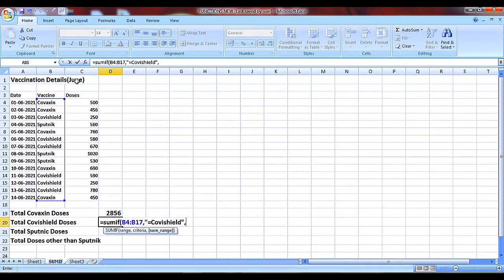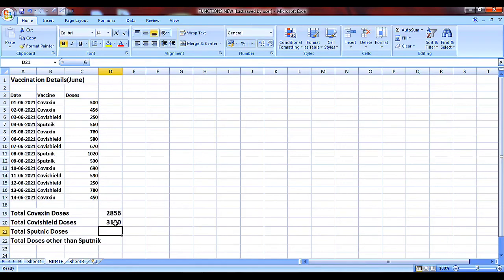Then sum_range, this is the sum_range. So in this case the condition is checked in this column, that is the second column, the vaccine column. If the type of vaccine is Covishield, then the corresponding values in the dose column, here and here, are added and the sum is returned as the result.